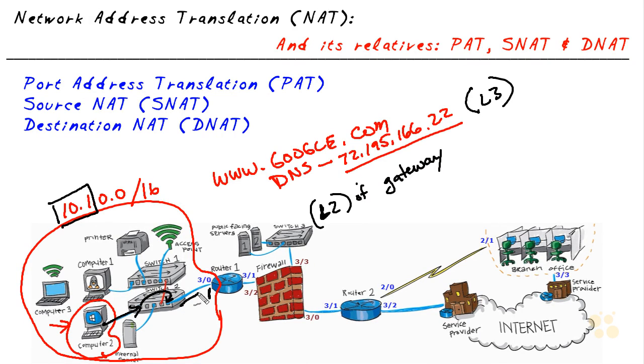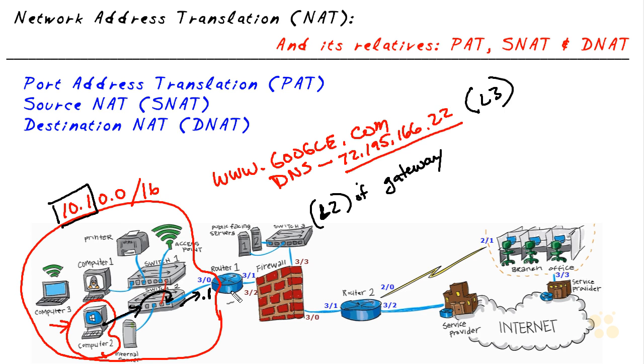So then the router gets the frame, and when it receives the frame, it looks at the layer 2 address for the destination and says, hey, that's me, and it de-encapsulates that, and it starts looking at the higher layers. Once it looks at layer 3, the router says, the IP address that this is destined to is 72.195.166.22, and furthermore, that's not me.